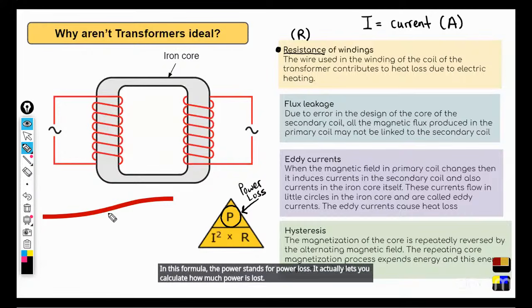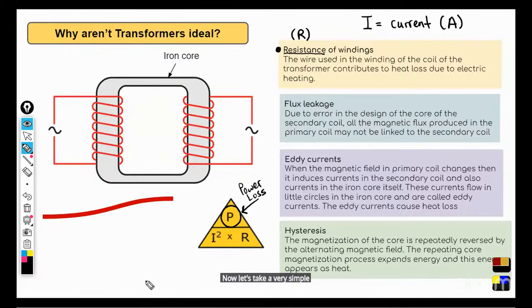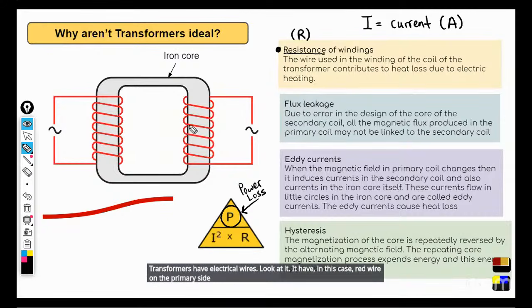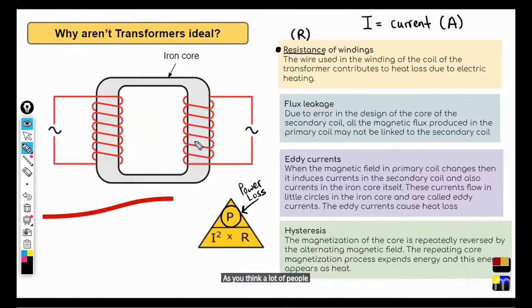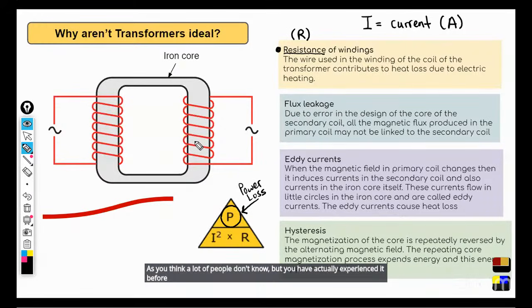Now, let's take a very simple thing, like a piece of electrical wire. Transformers have electrical wires. Look at it. In this case, it has red wire on the primary side and red wire on the secondary side. So obviously current is going to flow through those pieces of wire. Here's the thing a lot of people don't know, but you've actually experienced it before.